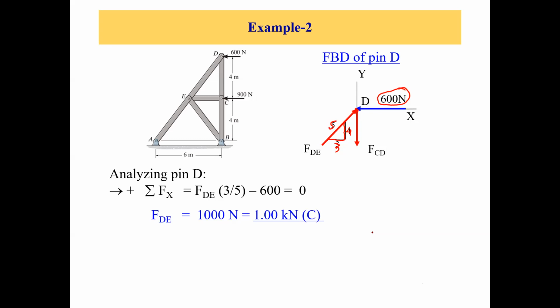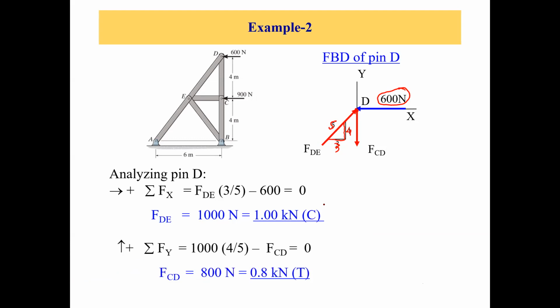If you do that, you get FDE equals 1000 newtons, and it's a compression. We assumed that it's a compression and we got a positive number, so this is confirmed as a compression force.